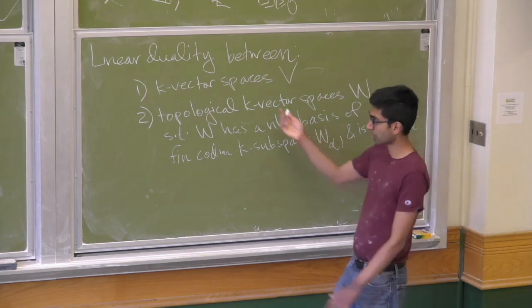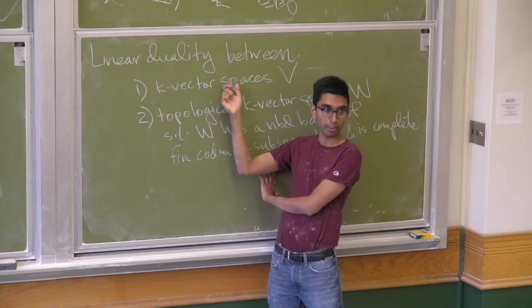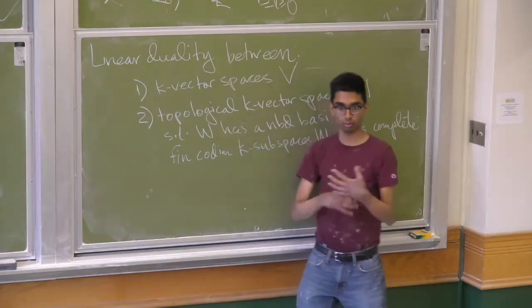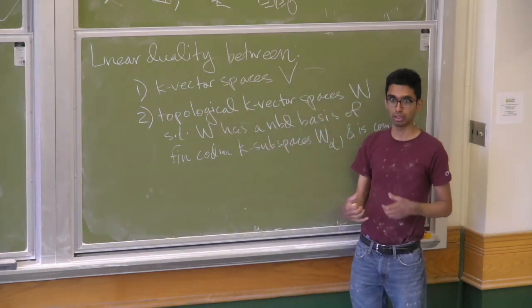And this is coming from duality. If you have a discrete vector space, you take its topological dual, the dual space topology.